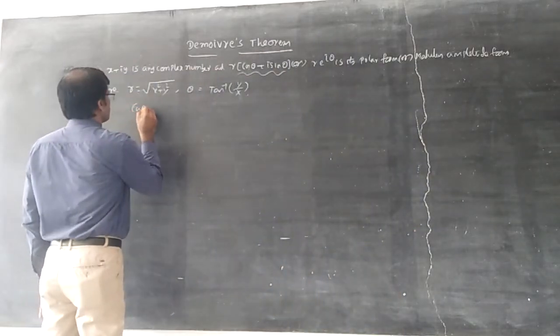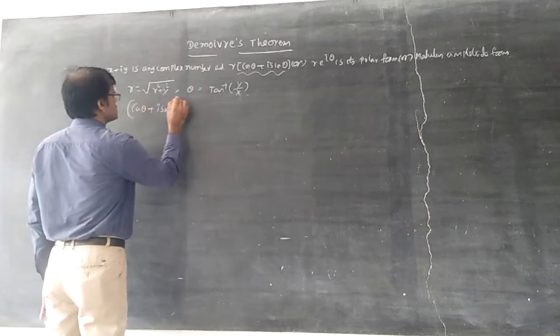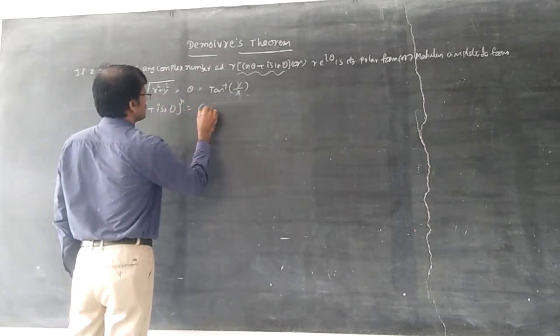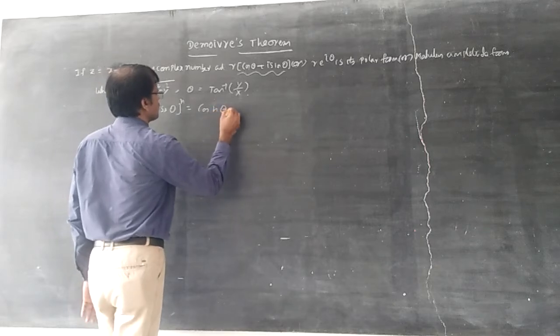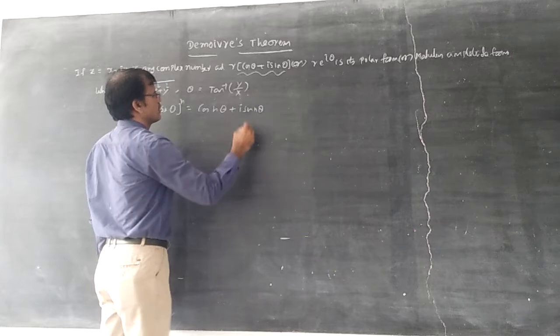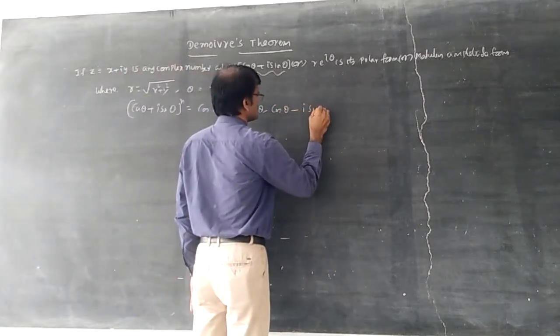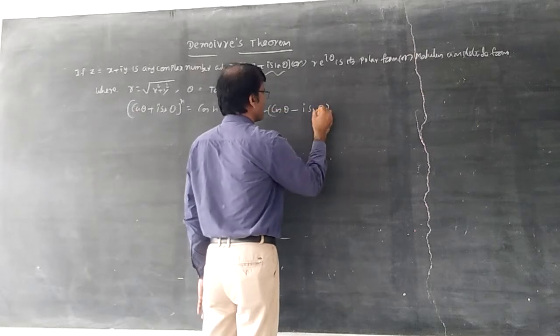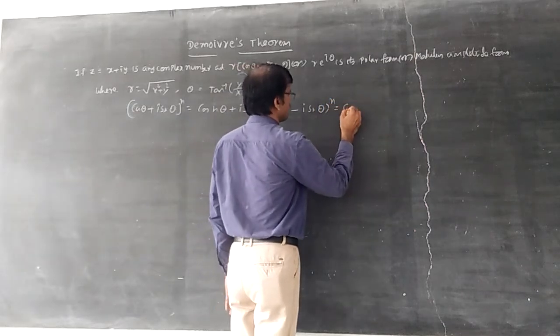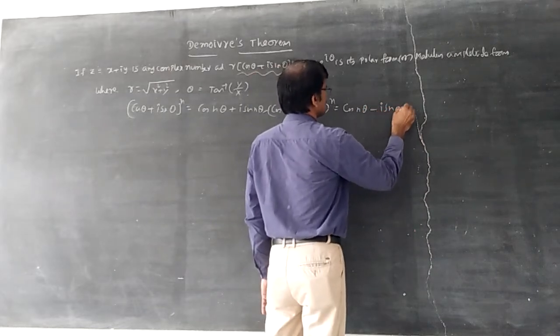And cos theta minus i sin theta whole power n is equal to cos n theta minus i sin n theta.